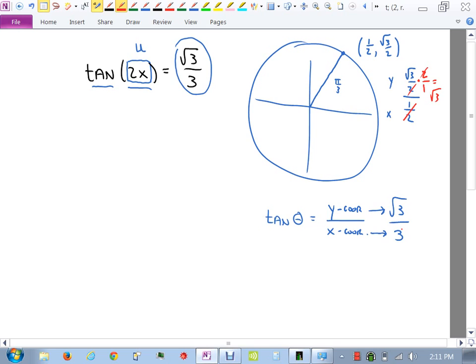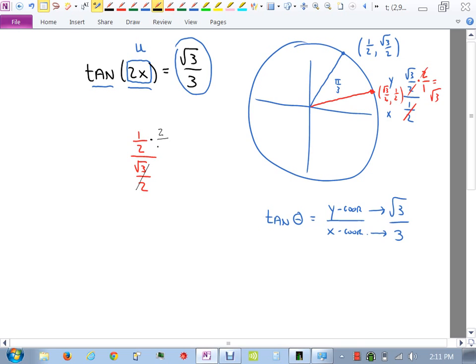So let's try something else. Is there somewhere else where we have root 3? Well, yeah, we have it on that one. Let's try this angle here. And this one was root 3 over 2, 1/2. Now I'm going to do that over here because I'm out of room. I take the y coordinate, 1/2, and I divide it by root 3 over 2. That's the same as flipping, so I cancel this and flip it, bring it up here.